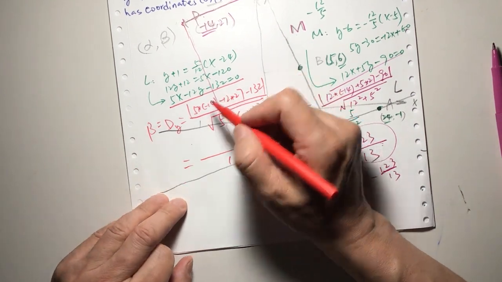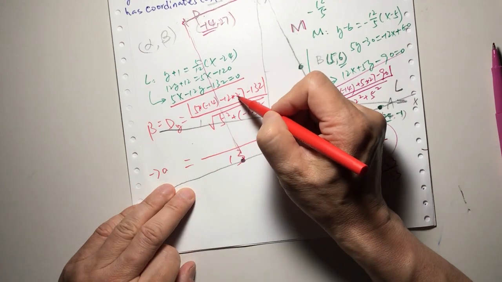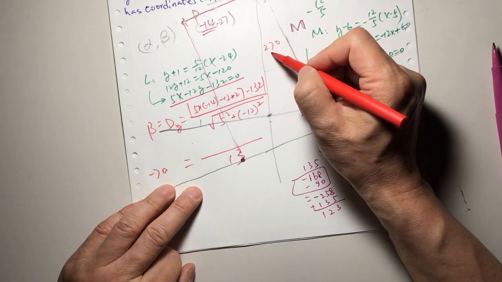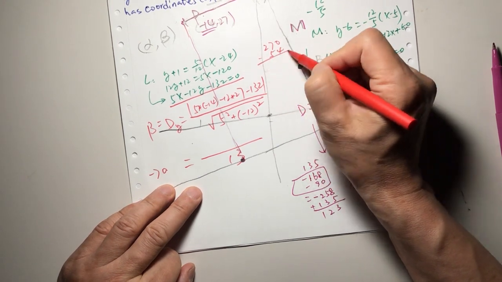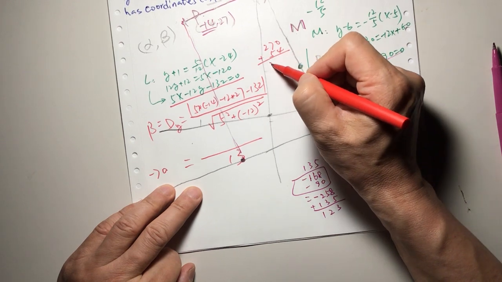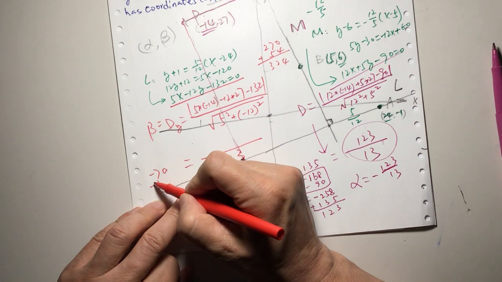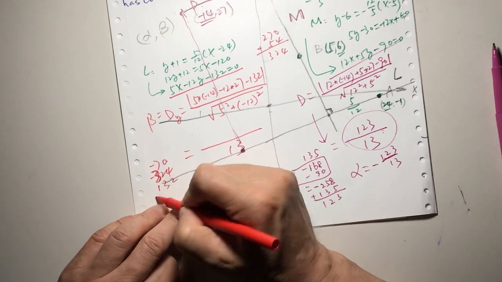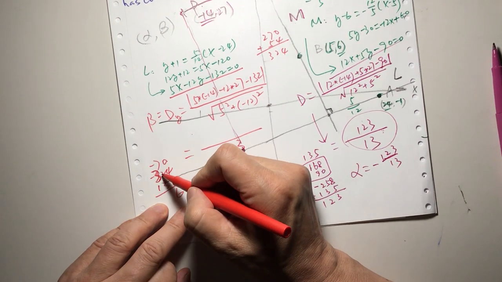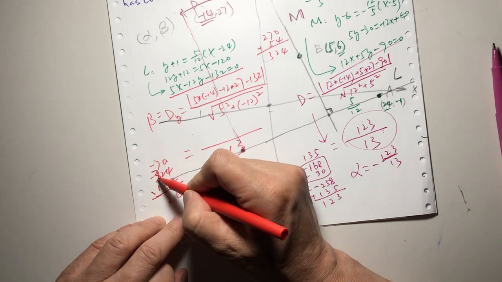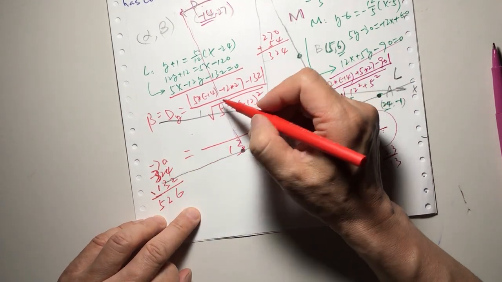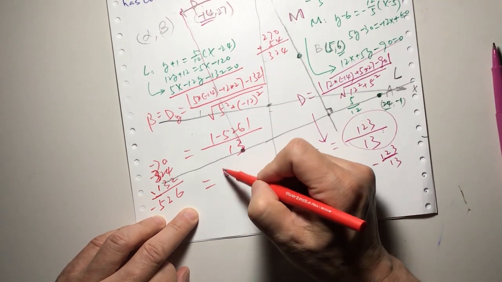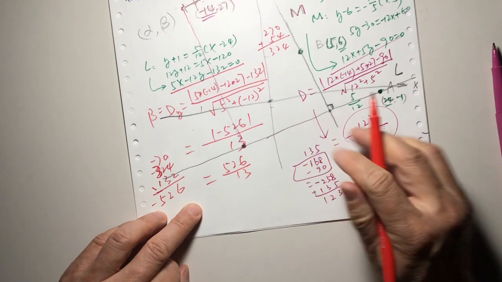That's -70 minus 324 minus 132, which is -526, so the distance is 526 over 13. That's beta.